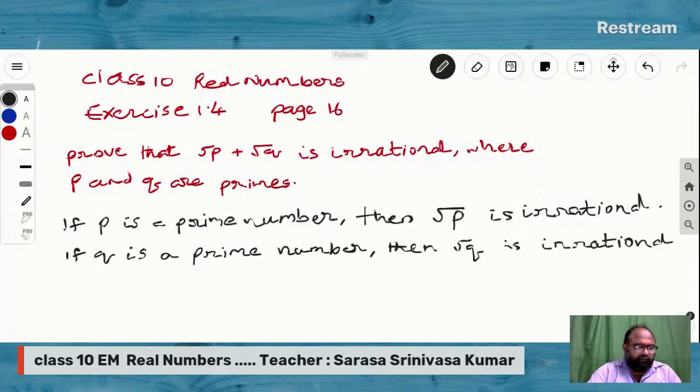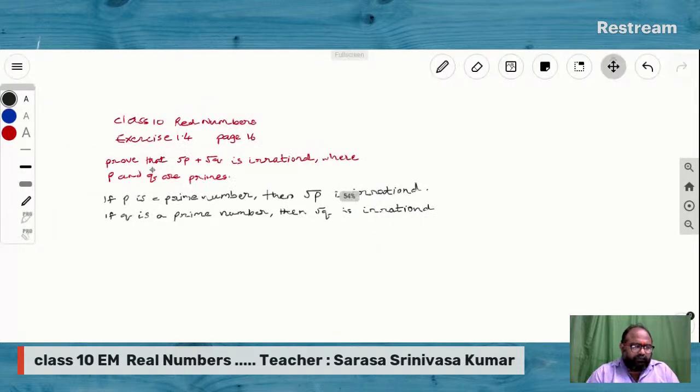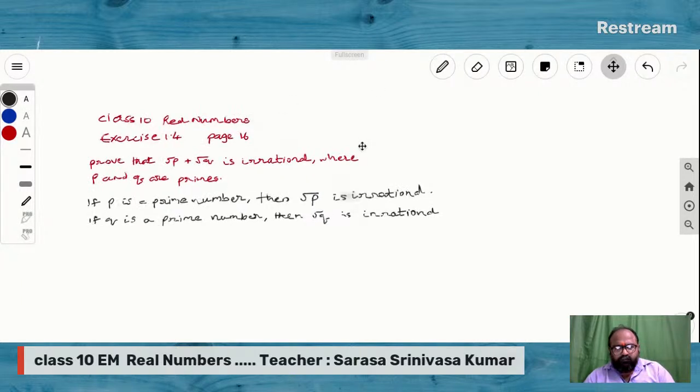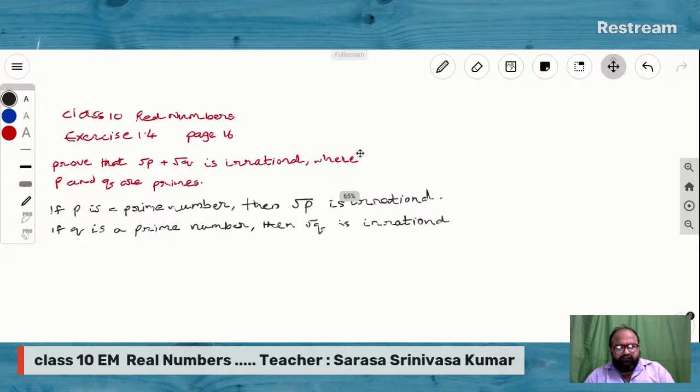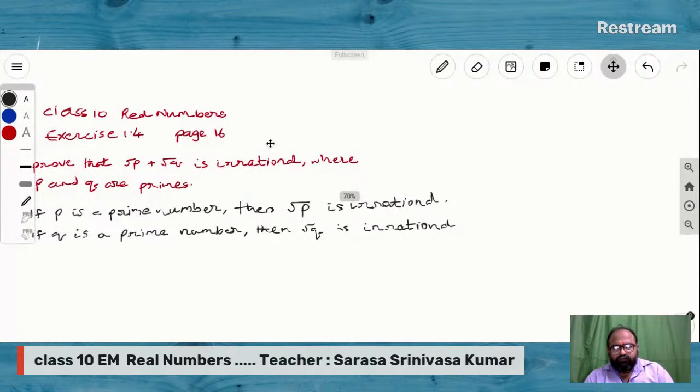This is only one result: the square root of a prime number is irrational. Now, we have to prove that the sum of square root of p and the square root of q is an irrational number. To prove this result, we follow contradiction method. By contradiction method, we assume that the given statement is not true.